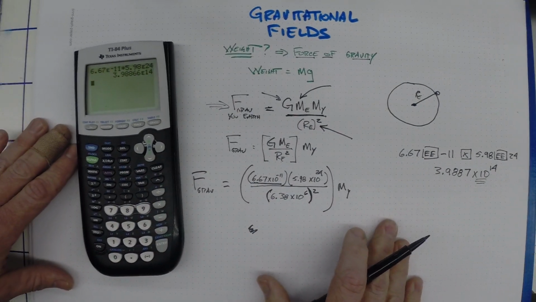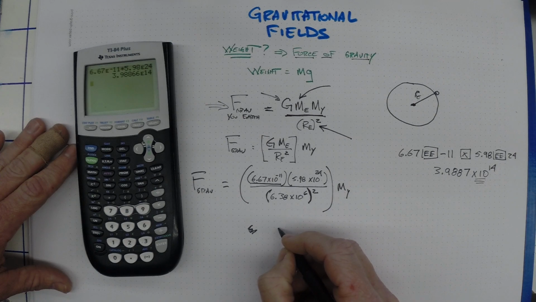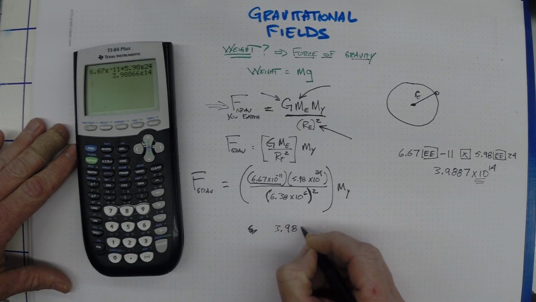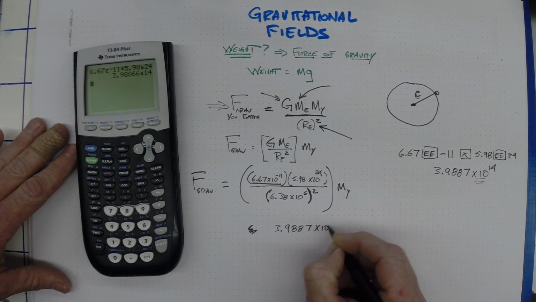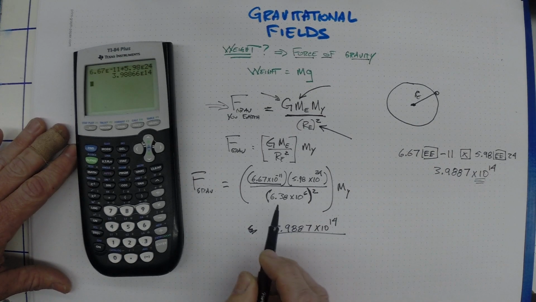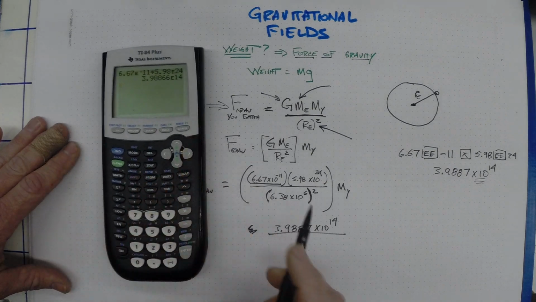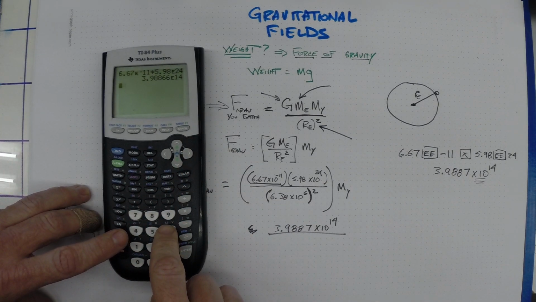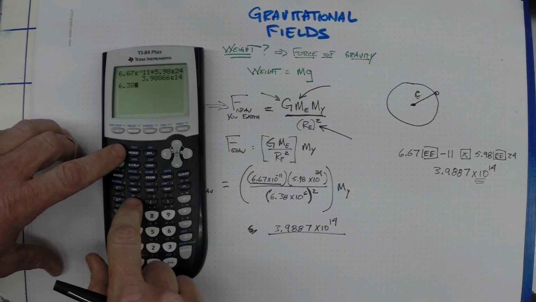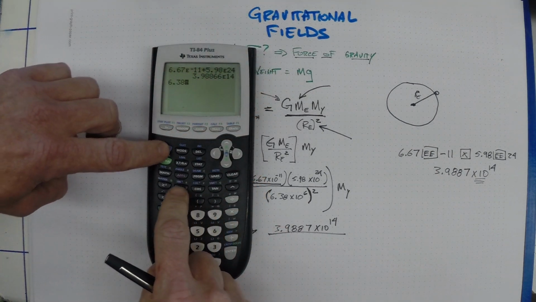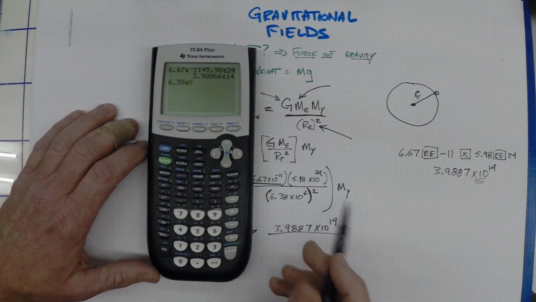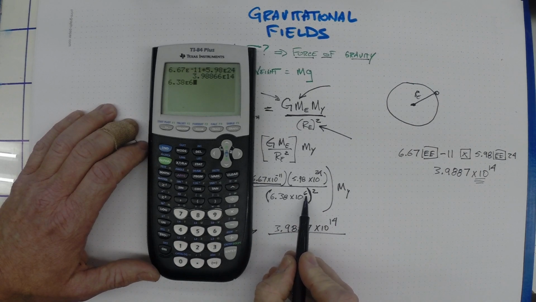So the numerator over here is going to be 3.9887 times 10 to the 14th. I'm going to divide it by this number squared. Why don't we find that right now? So I'm going to use 6.38 EE 6.